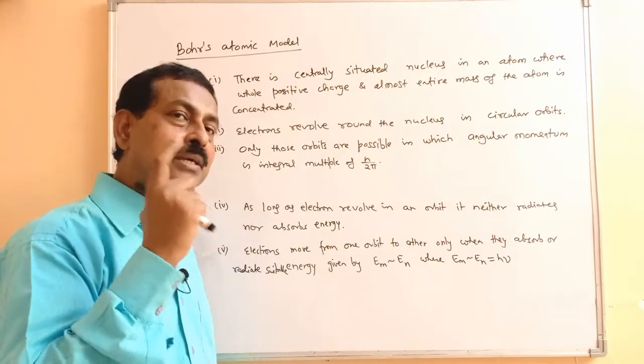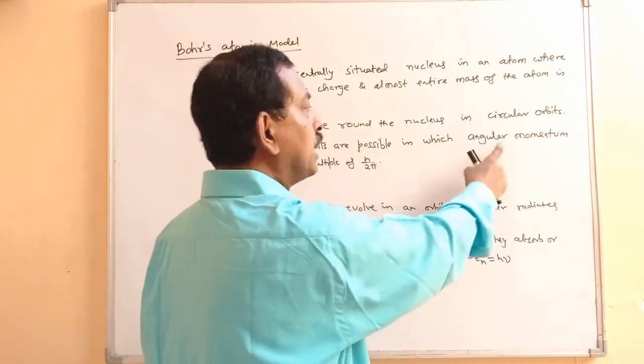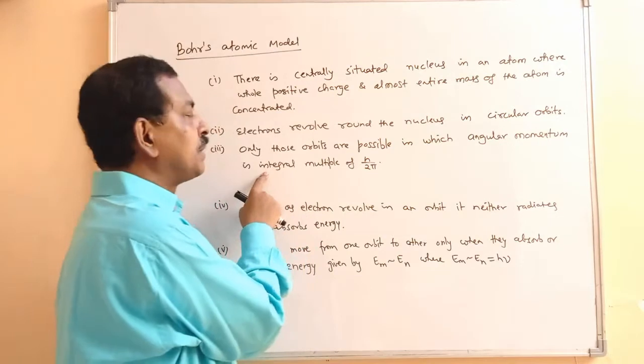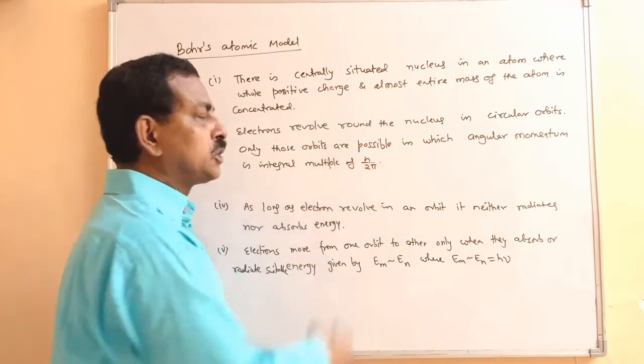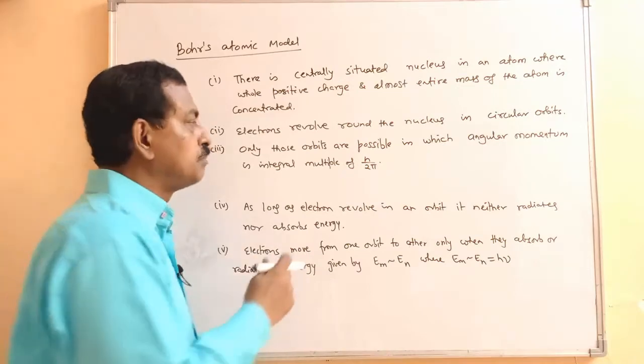But then he made one restriction, that only those orbits are possible in which angular momentum is an integral multiple of h by 2 pi. So he has basically used the concept of quantum theory.